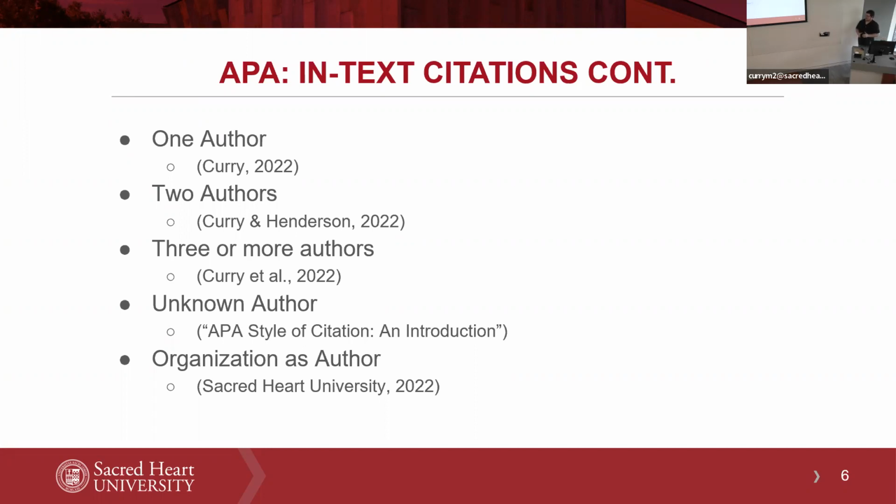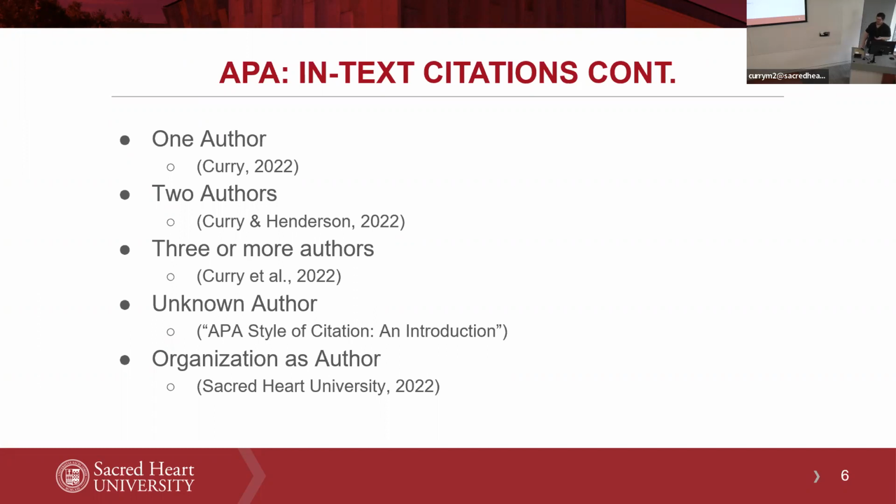Now, what's important to note for APA, though, is that if you're working with a source that has an unknown author or doesn't list the author, so for most internet articles, unfortunately, what you can do is either you can cite the title of the work. So as you can see, I cited basically the title of this presentation, or you can cite the organization that you're getting the article from.